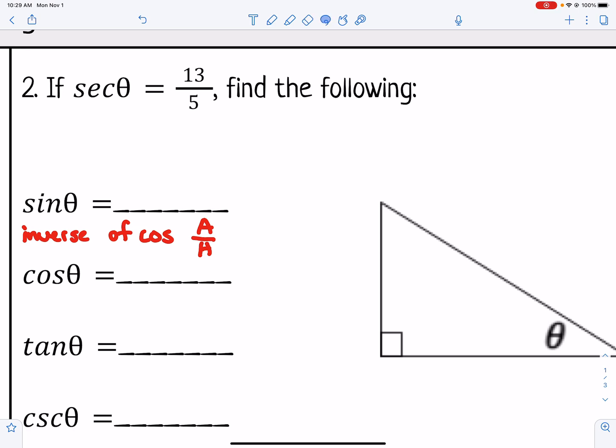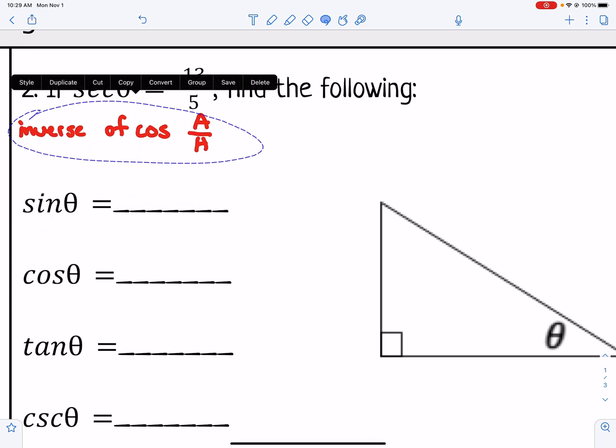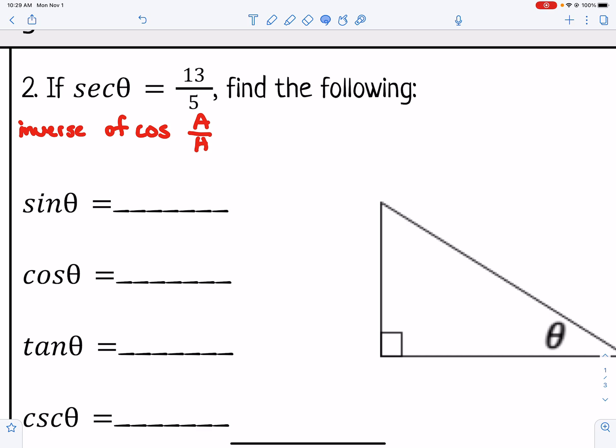I put that in the wrong place, I'm just realizing. Secant is the inverse of cosine. Cosine is adjacent over hypotenuse, so this is going to have to be hypotenuse over adjacent. So the hypotenuse is 13, and then adjacent to theta is the one right beside theta, which is 5.